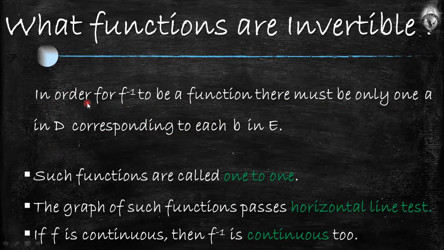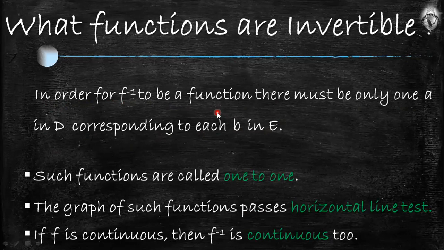In order for f inverse to be a function, there must be only one a in D corresponding to each b in E. So it clearly says that they must have one-to-one imaging. There must not be any duplication. An arrow is coming from one element and going to only one.